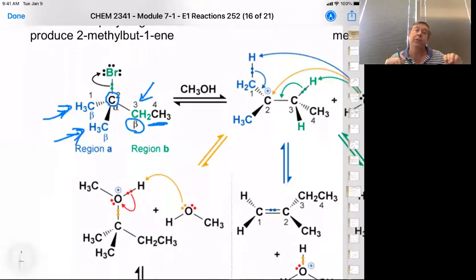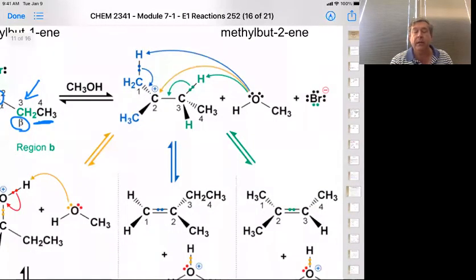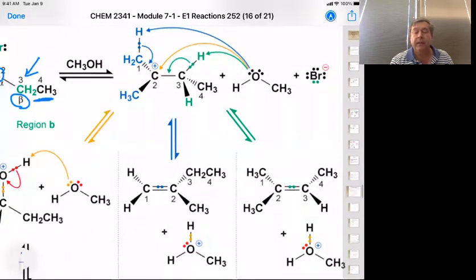So we want to choose the beta hydrogen that's going to give us the most substituted alkene. And in all the cases, you're going to find that it's going to be the beta hydrogen that is on the more substituted carbon. Okay, so this is going to be a primary carbon because it only has 1 carbon attached to it.